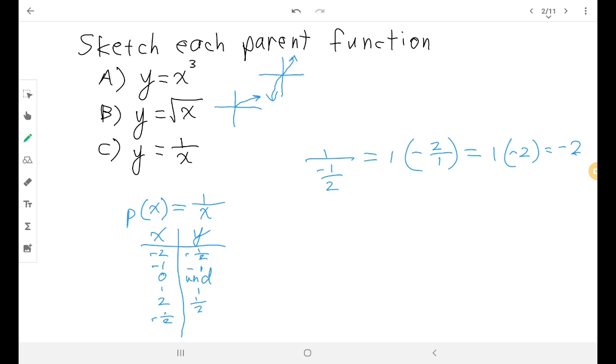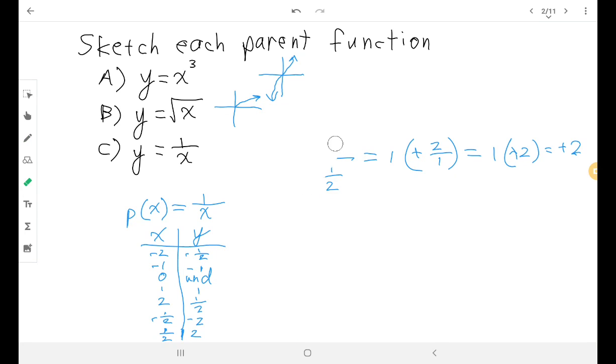So this one gives us -2. If I put in +1/2, I'm running out of room here, so I have to squeeze this in. But if I put in +1/2, everything would come out the same except this would be positive, this would be positive, so this would be positive. So I'd get a +2.